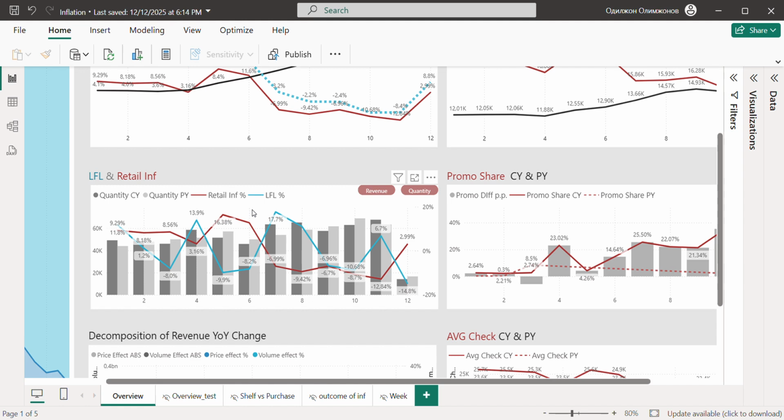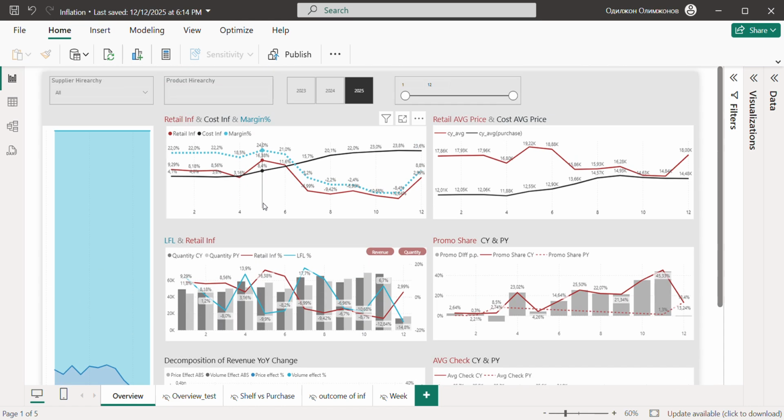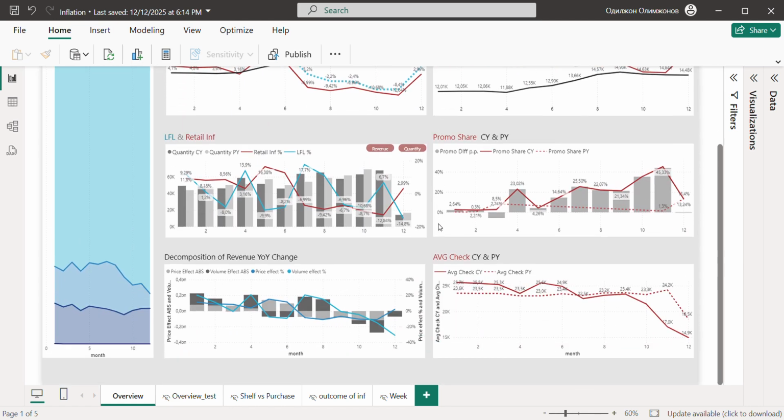So we can see that when inflation rises, the LFL quantity gets down, but when inflation gets down, the LFL sales gets up. So this correlation means that the category is really sensitive to the change in price. So actually, I did hide the category in privacy purpose, but yeah.